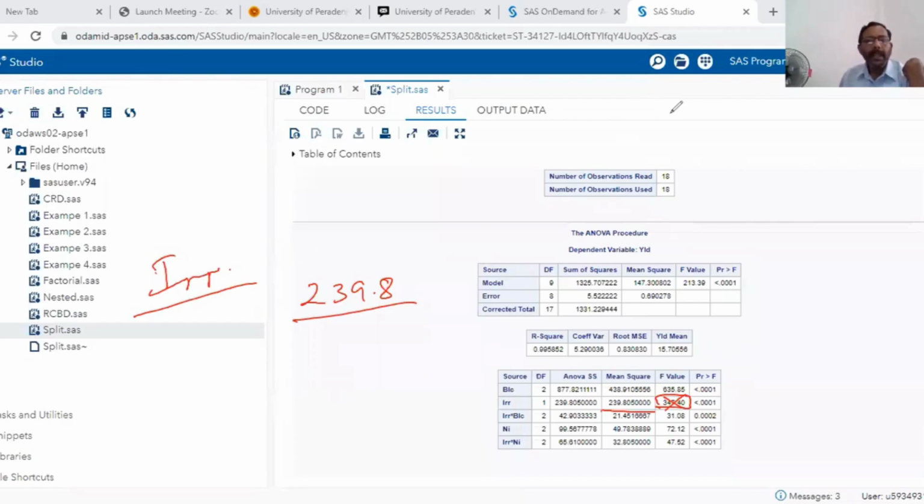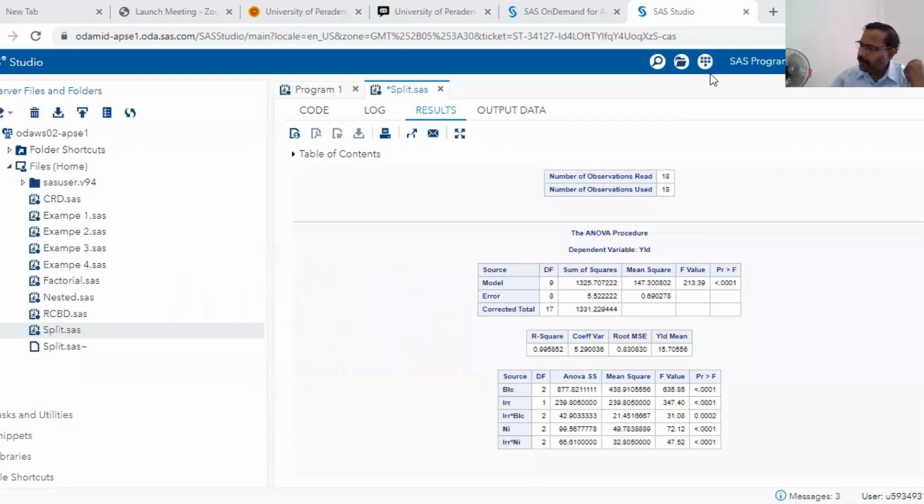The numerator is 239.8. The denominator is 21.45. This is the error term for testing irrigation. So you will get roughly 11 point something. You can do it manually or ask the computer to calculate.